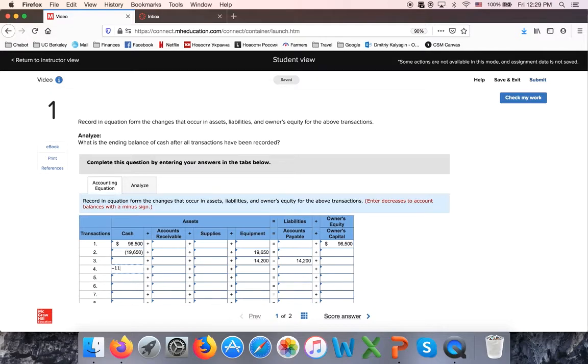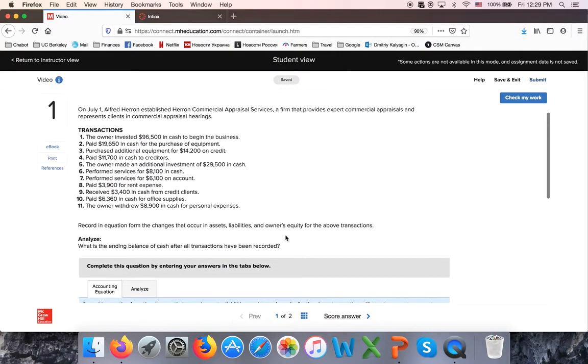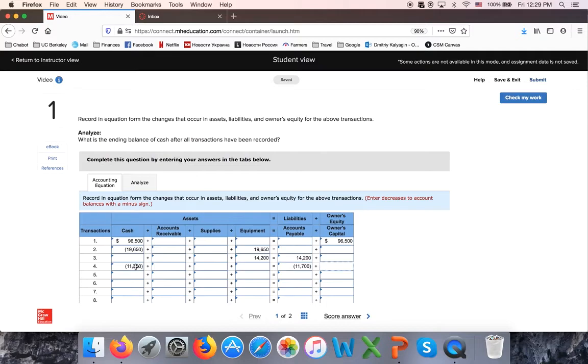11,700 negative, right? Paying cash means cash goes down. And guys, I paid it off, so my credit card balance also goes down. Make sure you understand it. Paying off this transaction means that both accounts decrease. My cash goes down and my balance of credit card goes down.